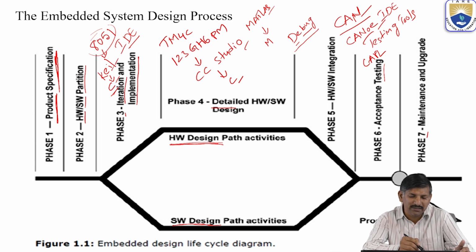Then until getting the desired response, we repeatedly modify the code or design. After getting the desired response, we write the detailed hardware design, next the detailed software design, then integrate the software into the hardware. After integrating, again we test the product.